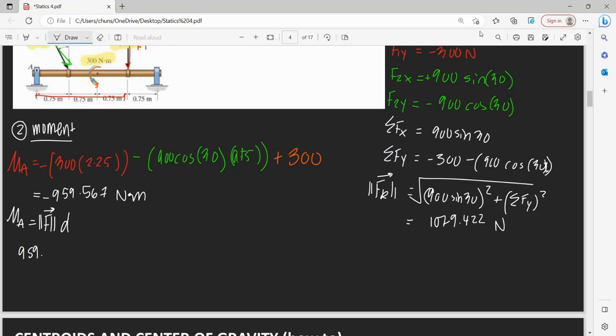This only works for our magnitude, so we're going to change that to positive, equals 1079.422 times our distance. And if we divide that over, divide by 1079.422, d is equal to 0.889 meters.